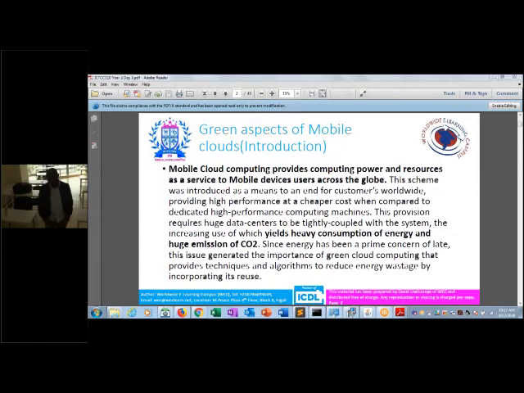Since energy has been a prime concern of late, this issue generated the importance of green cloud computing, which provides techniques and algorithms to reduce energy wastage by incorporating its reuse.